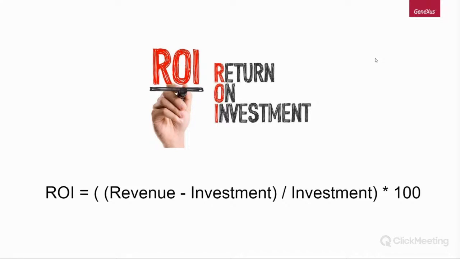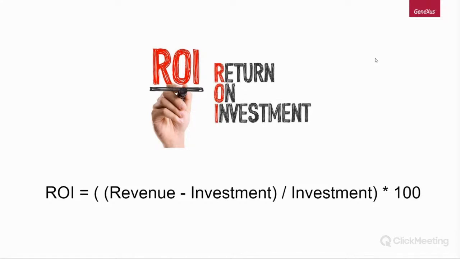What the ROI measures is how efficient an investment is, given the returns or the profit that investment has over a given period of time. So how do I calculate ROI?